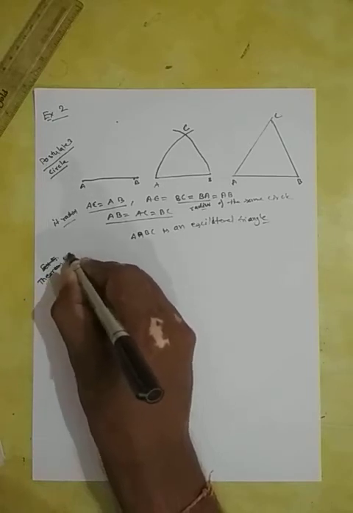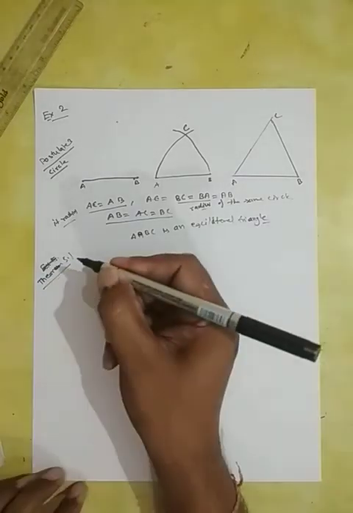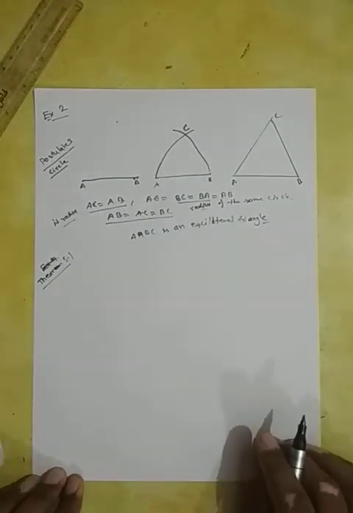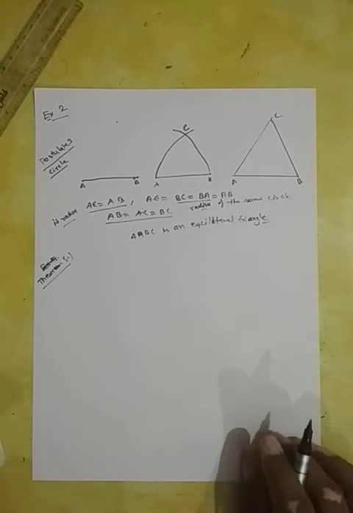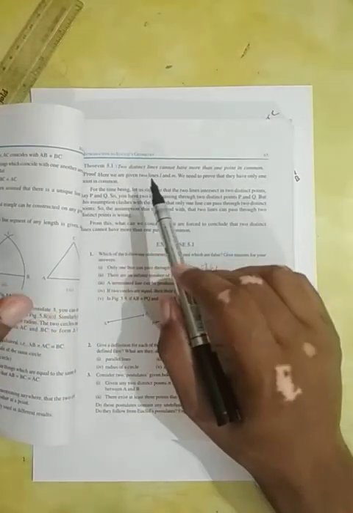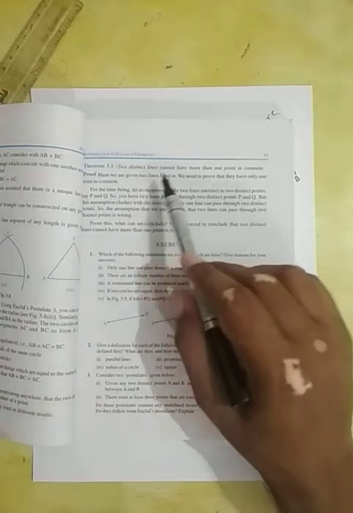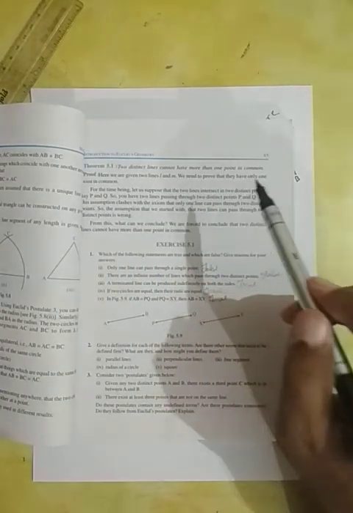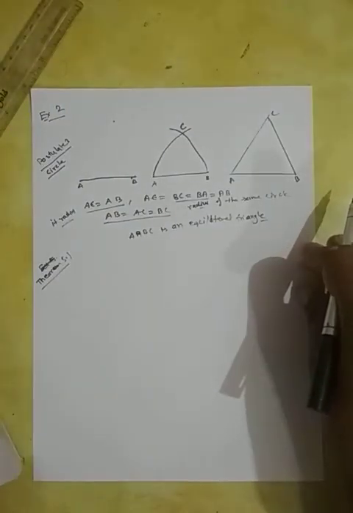Theorem 5.1 is telling that two distinct lines cannot have more than one point in common.